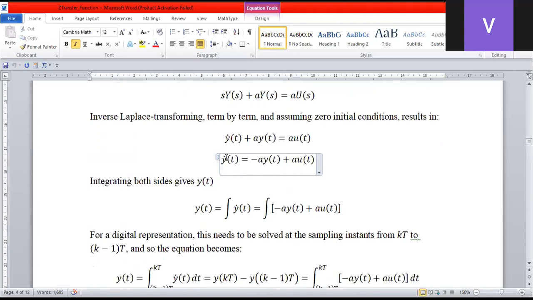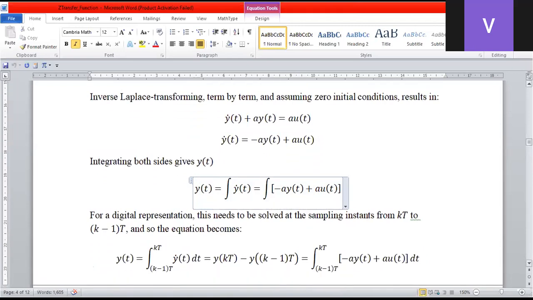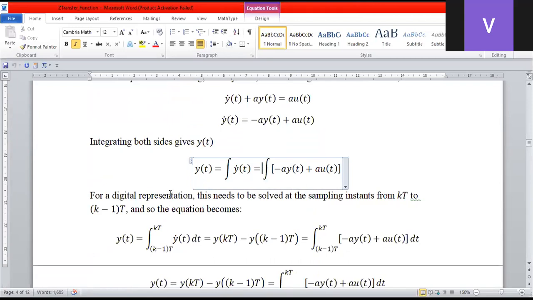Then if we integrate both sides, the integration of a differential function will give us the original function. So if we integrate this, we are going to get y of t, and you have to integrate both sides. For digital representation, we are still in the time domain.